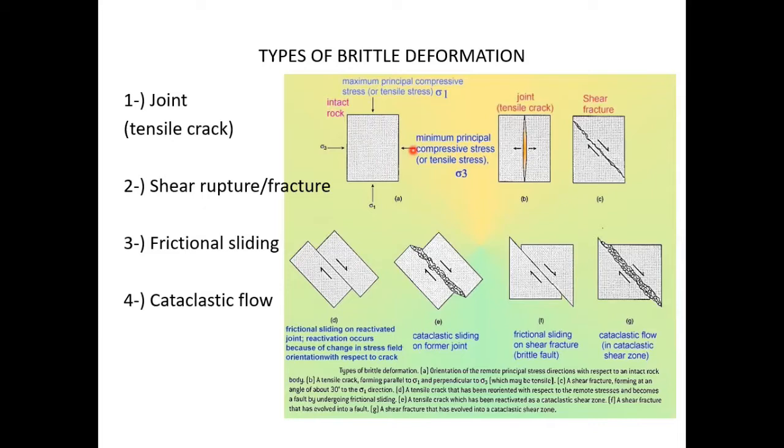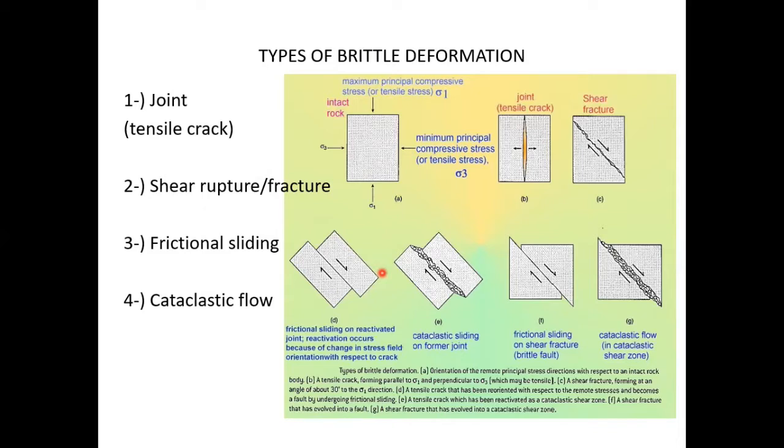Sigma 1 will always be the biggest number, and sigma 3 will be the least or minimum principal stress, on regional scale or other scale. In this case, these are all compressive stresses. We compress this material more in the sigma 1 direction because it's the maximum principal stress, and in the east-west direction, we apply less, the minimum compression.